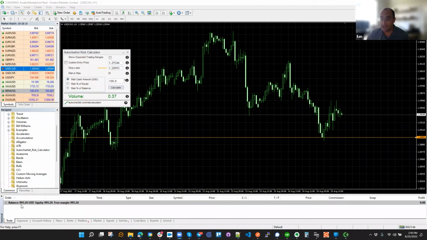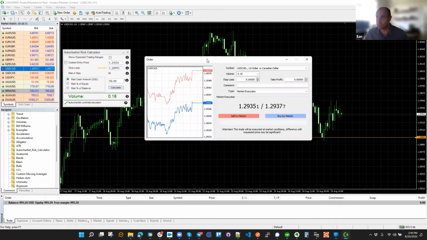So let's say I have $1,000 in my account. I only want to risk 5% of it. I would change that to $50, and I would click the calculate button. Now Autochartist tells me what volume to set to make sure that I don't lose more than $50. Let's see what it looks like. I would click new order.